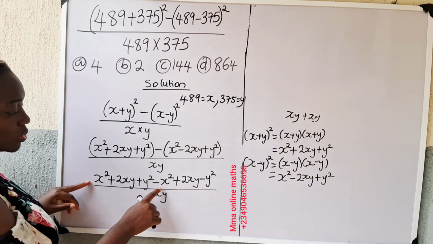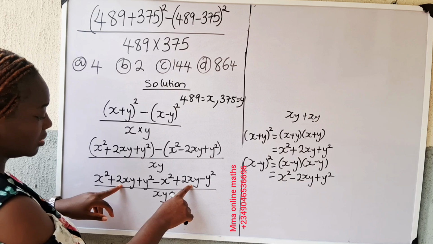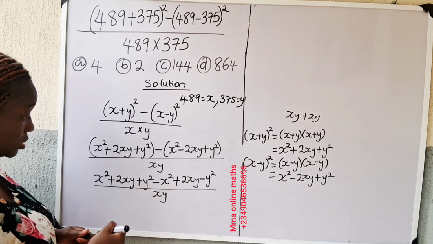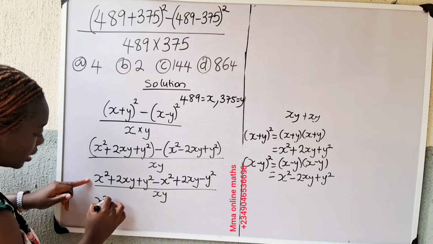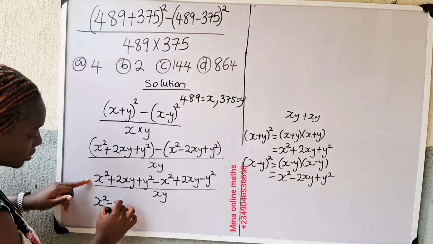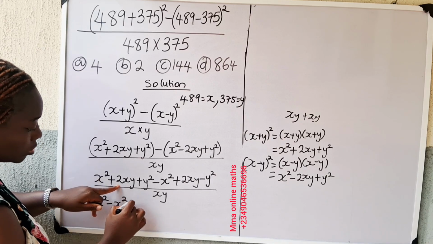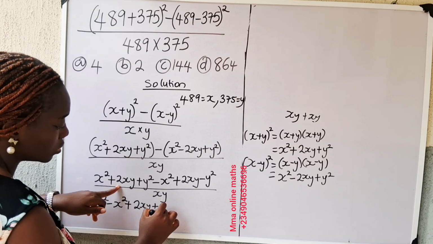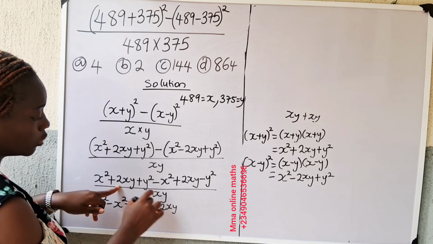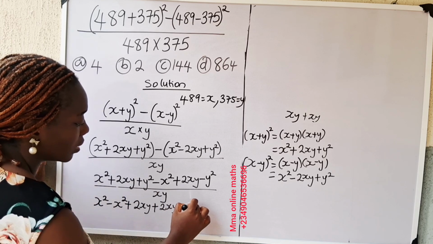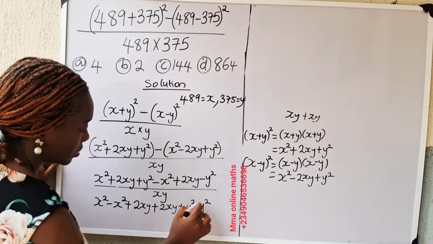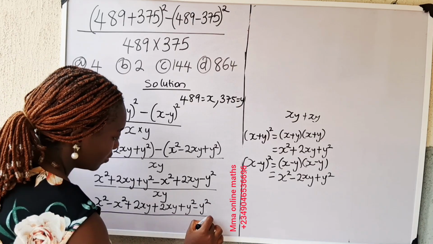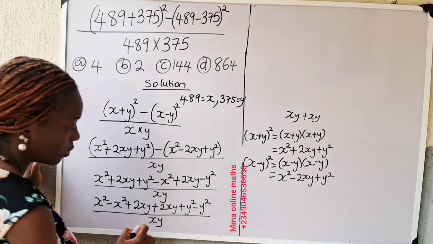Now, we are going to collect like terms by rearranging. So, we have X squared, then minus X squared, followed by 2XY plus 2XY, followed by plus Y squared minus Y squared, divided by XY.